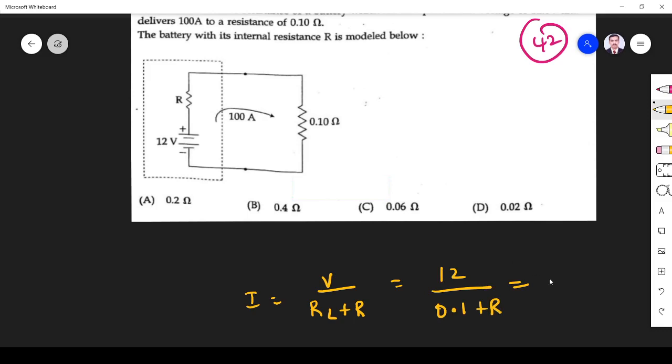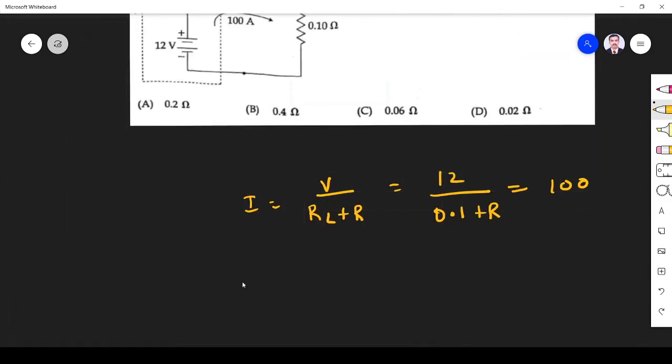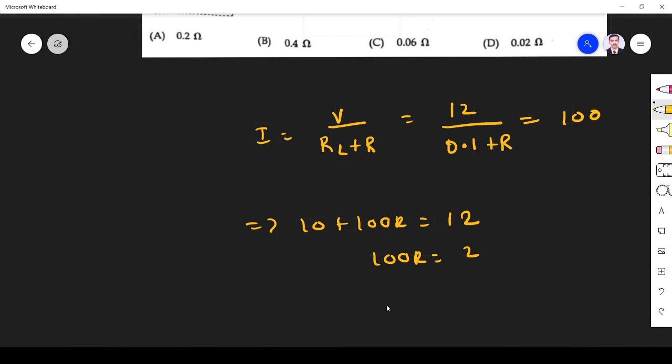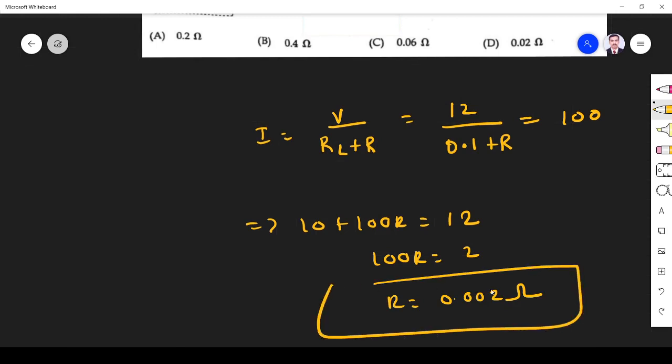That current is given by 100 ampere. So if you simplify, this indicates 10 plus 100 R is equal to 12. 100 R is equal to 2, right? So R is equal to 0.02 ohm. So option D is the right answer.